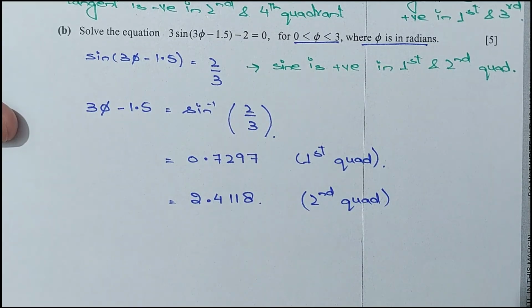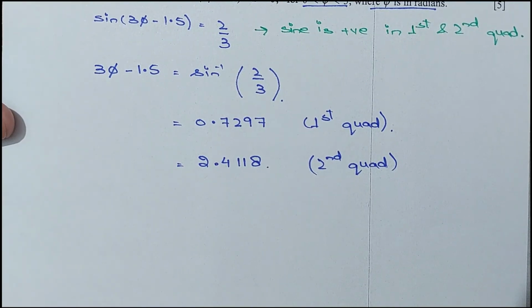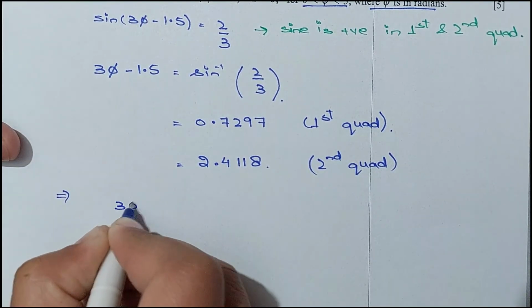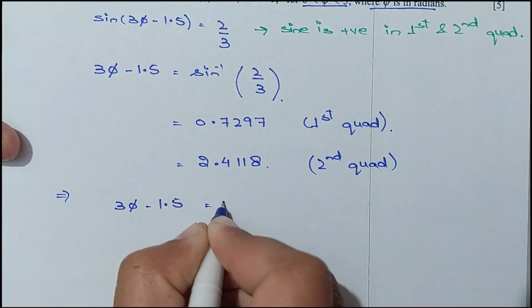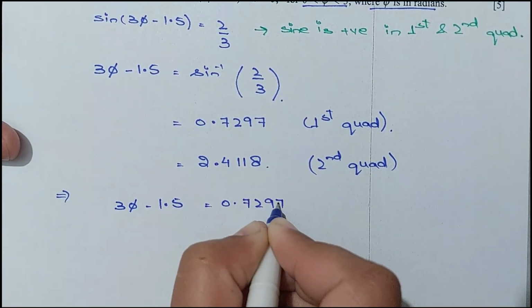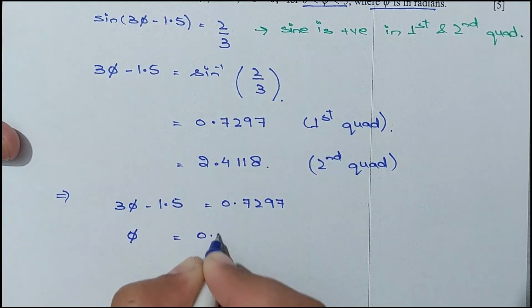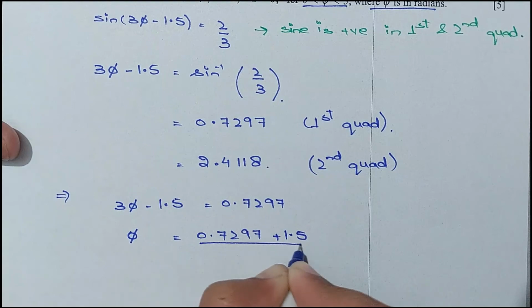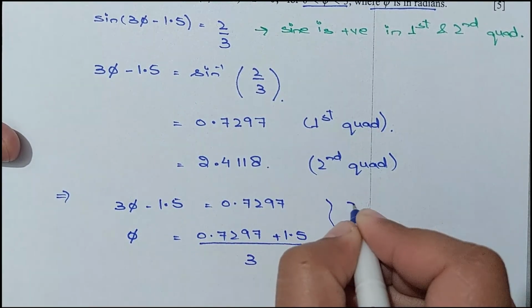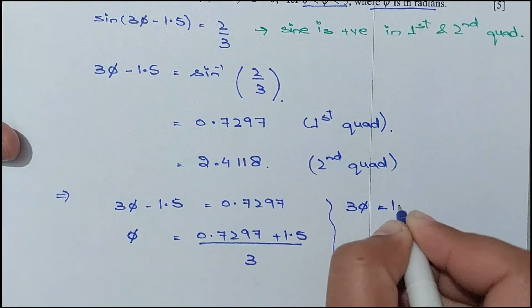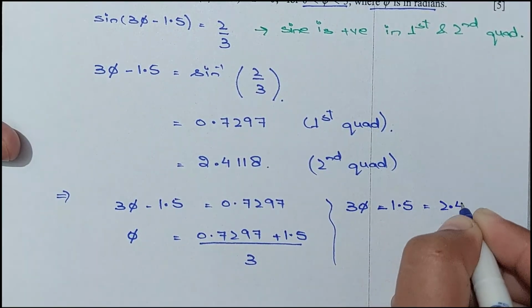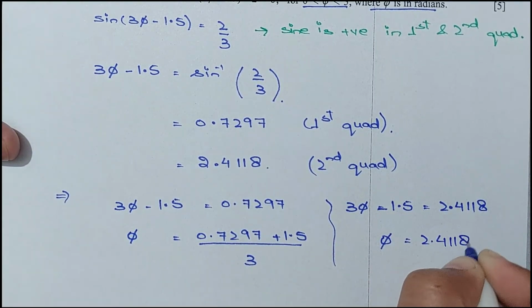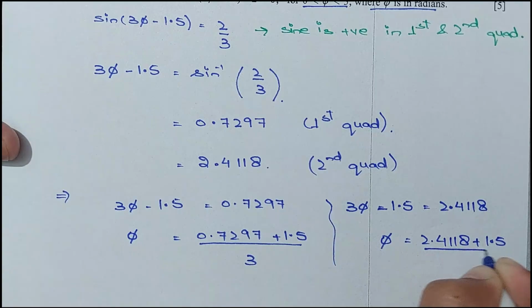All right, so let's solve for phi. So 3 phi minus 1.5 is 0.7297. What is phi? Phi is 0.7297, add 1.5 and divide by 3. And also 3 phi minus 1.5 equals 2.4118. So phi is 2.4118 plus 1.5 divided by 3.